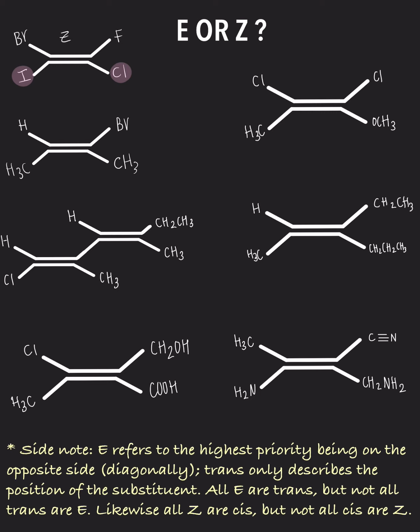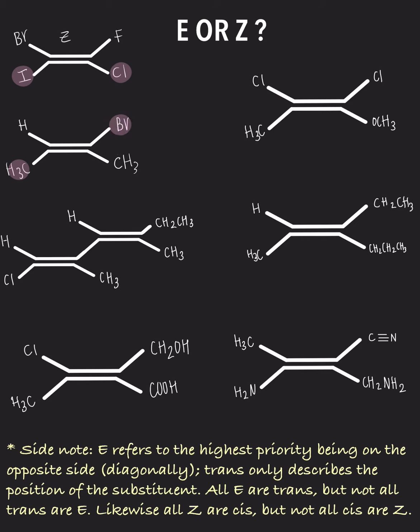Okay, next one. So you're attached to a carbon here, and you're attached to a hydrogen here. Since I'm attached to a carbon, this is my higher priority. So in this one, I'm attached to a bromine, and in this one I'm attached to a carbon. Because the bromine is going to have a higher atomic number, it is my higher priority. Okay, let's go to this one.